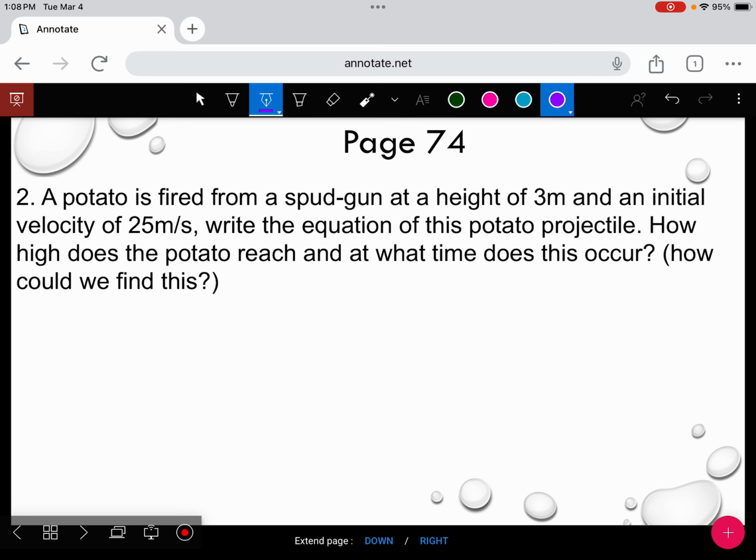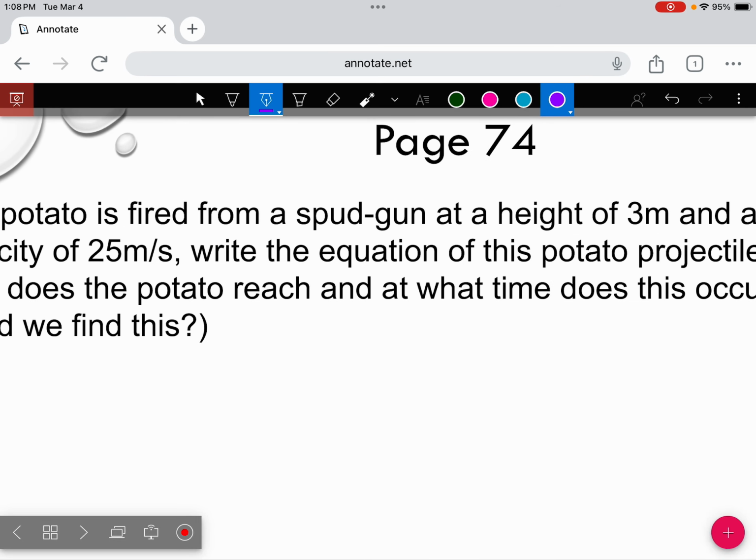So we're going to look at our meters equation. That was h of t equals negative 4.9 t squared plus v naught t plus h naught.